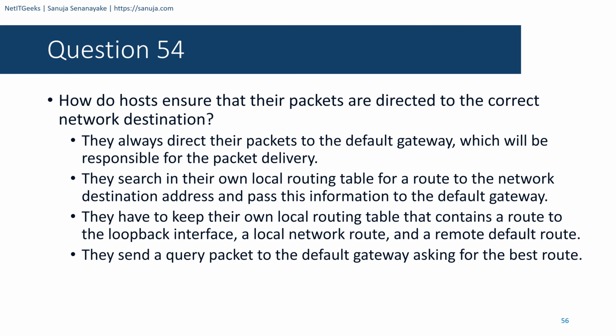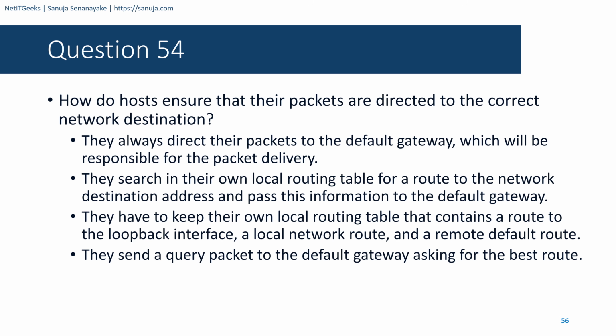Question number 54. How do hosts ensure that their packets are directed to the correct network destination? They always direct their packets to the default gateway, which will be responsible for the packet delivery.